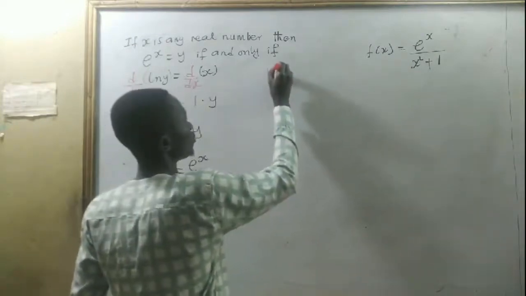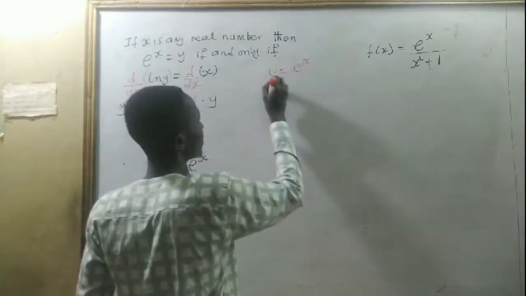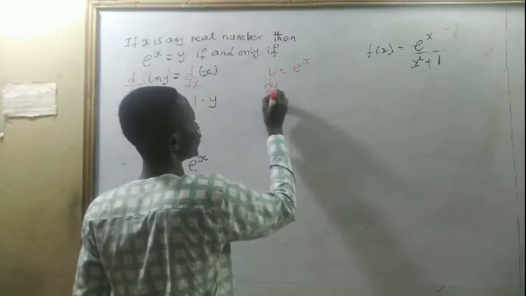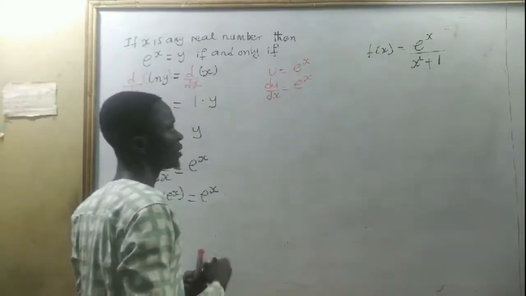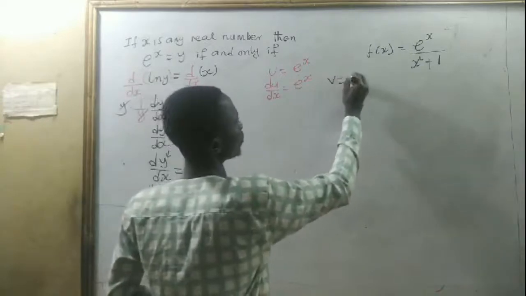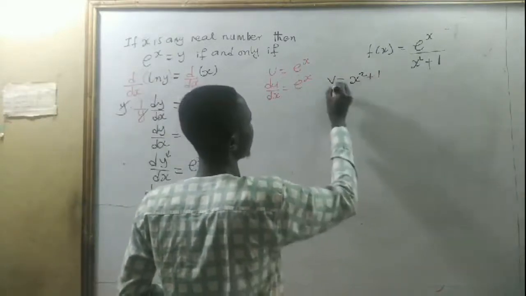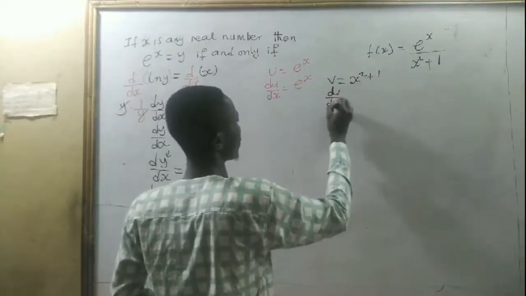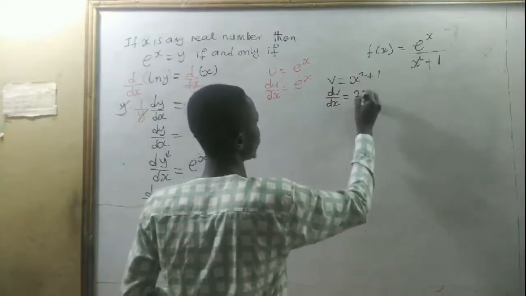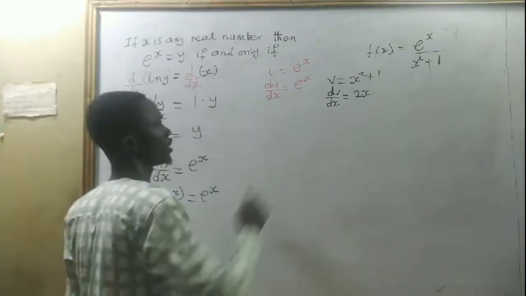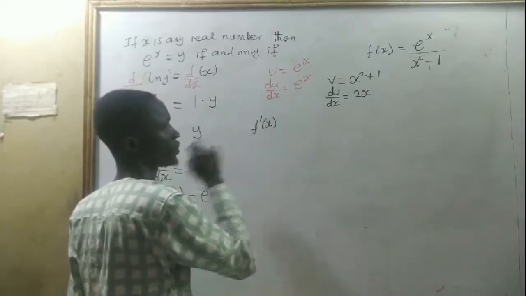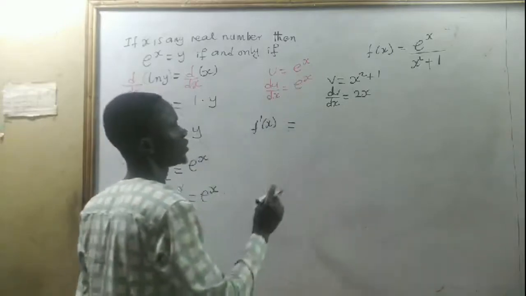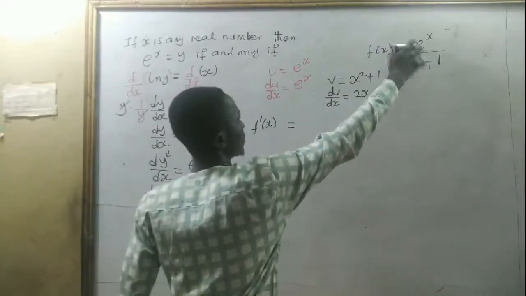So we let u equal to e to the power x, the derivative of u with respect to x is equal to the same e to the power x. And we take v to be equal to x squared plus 1. The derivative of v with respect to x is equal to 2x. And from the quotient rule, f prime of x, the derivative of f with respect to x is, we differentiate the top one times the down.